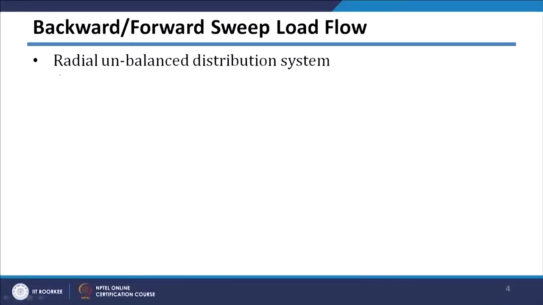So, let us consider a simple 3-phase distribution system similar to this. You have these 3 phases, and say this is bus number 1, this is bus number 2, and then the same 3 phases are extended till bus number 3.